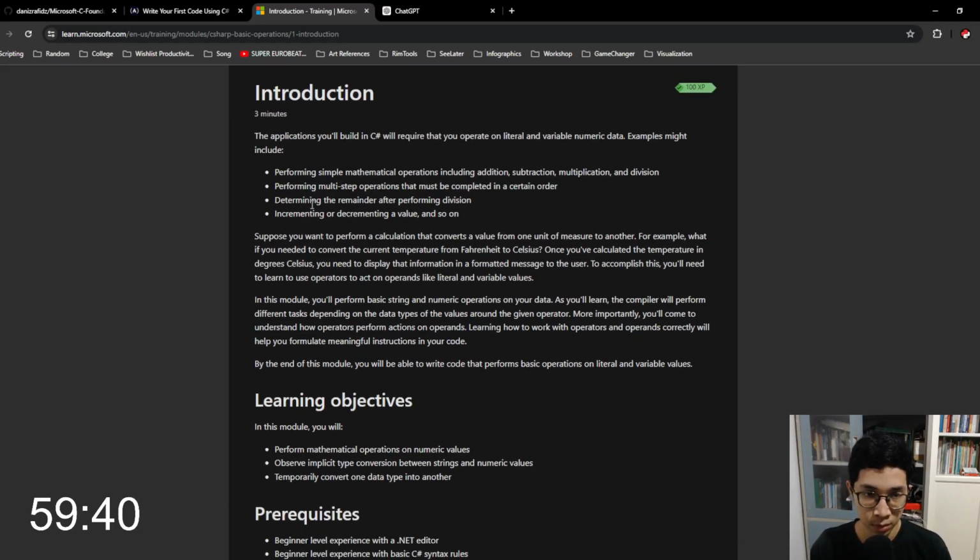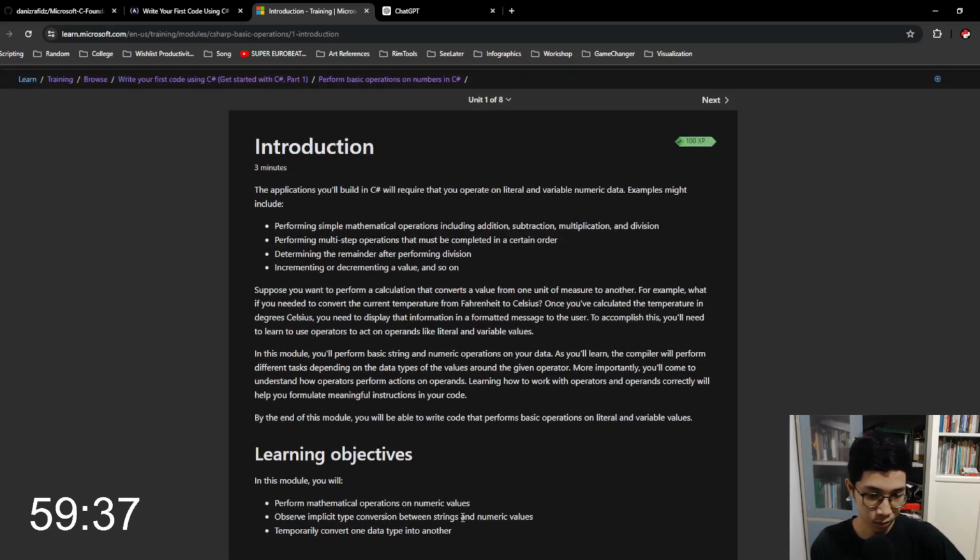Examples might include... Okay, so if you want to build a C# application, that will usually require me to operate on literal and variable numeric data.